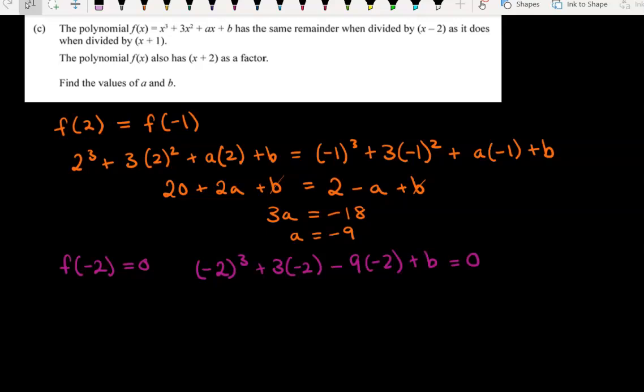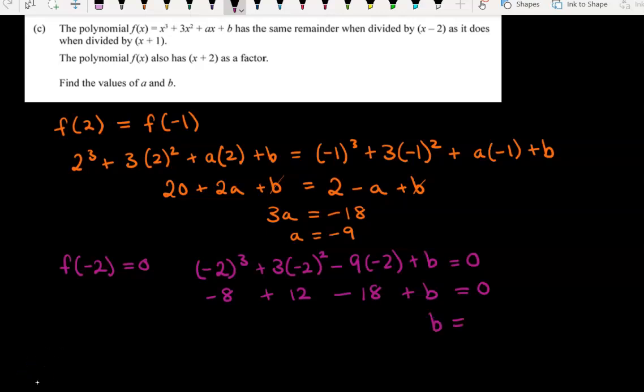Okay, now tidying that bit up, we get minus 8 plus, oh, and I've just realised I missed out the squared just there. So that's going to be plus 12, and then minus 18 plus b equals 0.